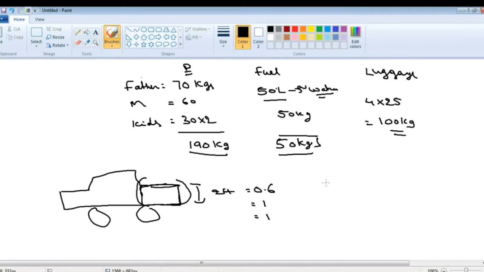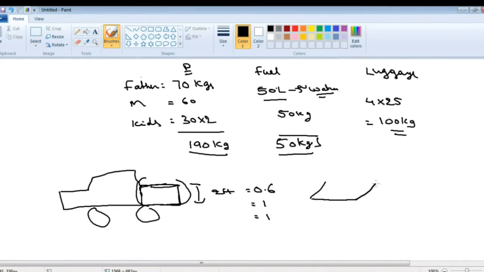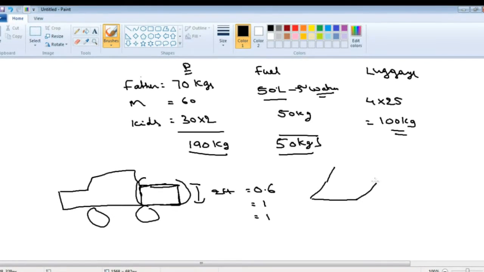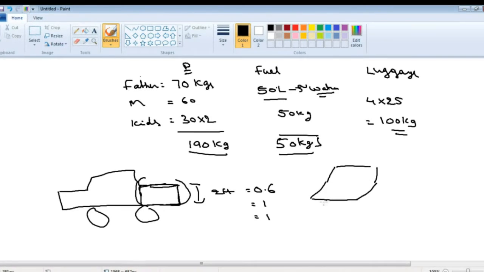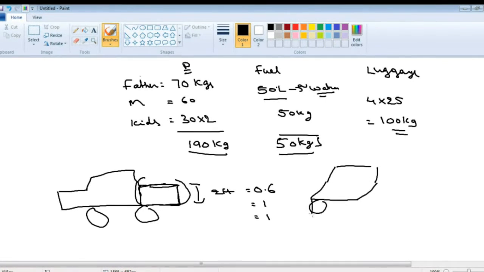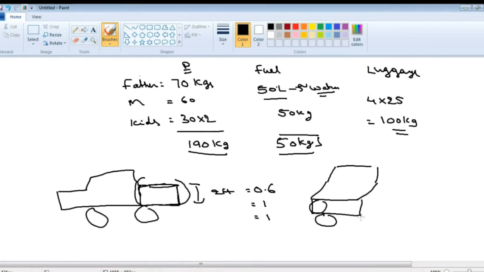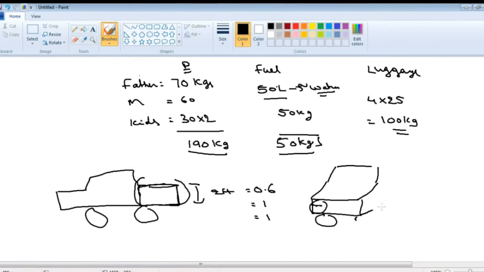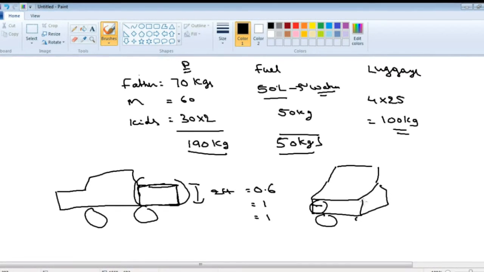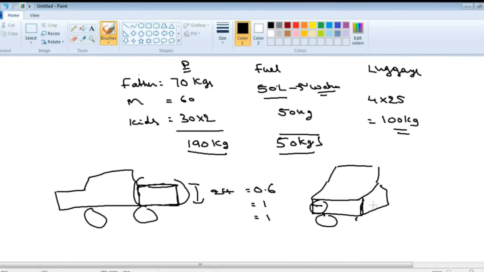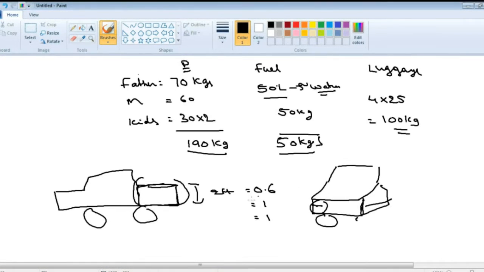This is from a front view I am talking about. This is how the car is, and there is this metallic thing, and then there are tires. So I'm talking about this metallic block: 0.6 meters, 1 meter and 1 meter.